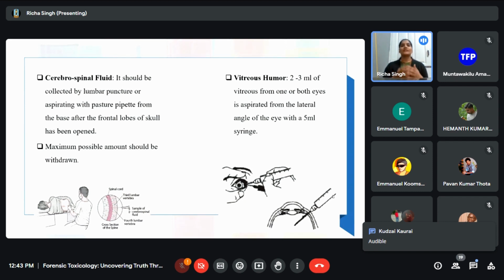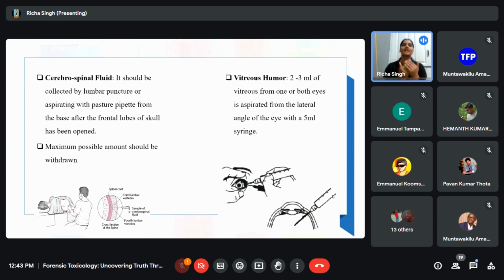Vitreous humor is the last thing which gets decomposed. If the stages of decomposition start in a body, after some 3-4 days the vitreous humor usually turns brown and cloudy.